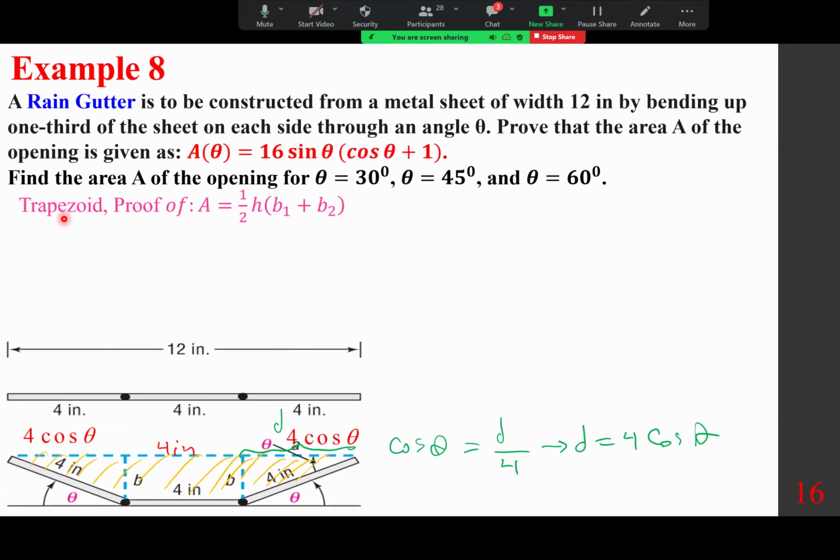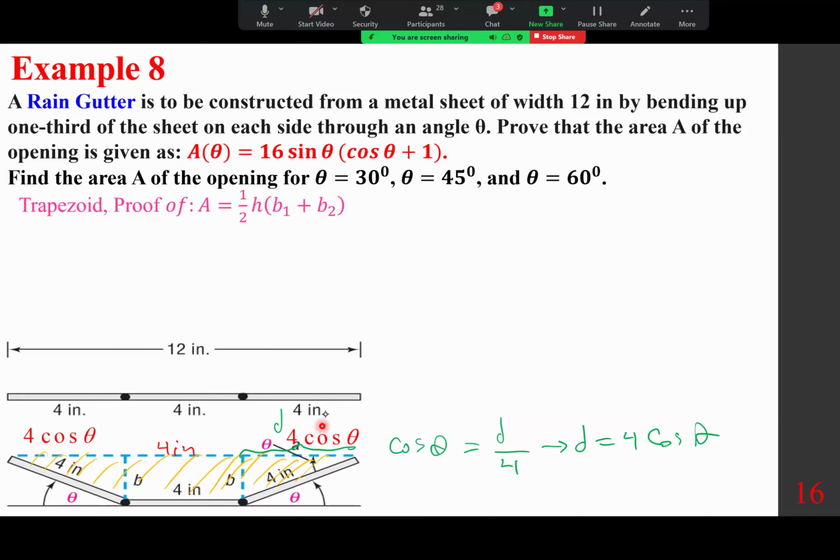This is a trapezoid, everybody, and this is the formula for the trapezoid. So the height is h, which we are going to discuss in a moment. And the base, the small one is 4, the large one is 4 plus 4 cosine theta plus 4 cosine theta, or 8 cosine theta, if you will.